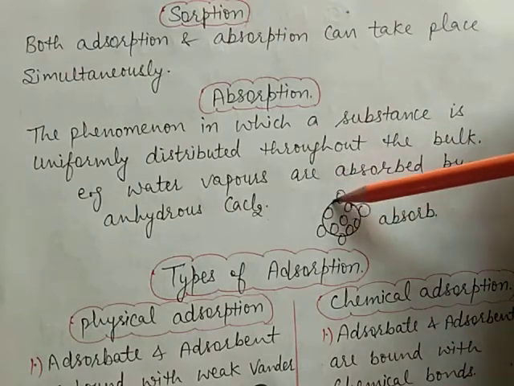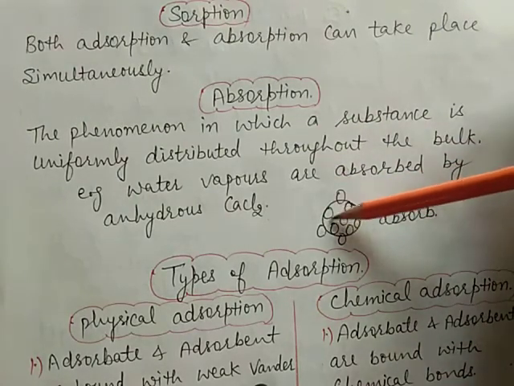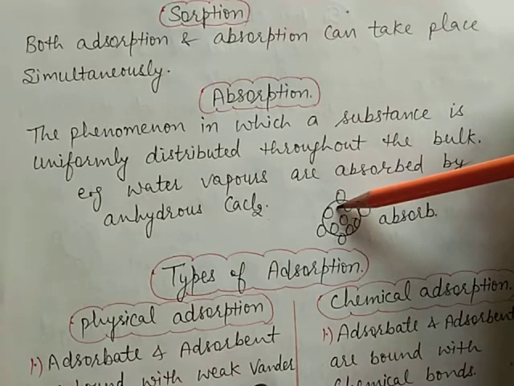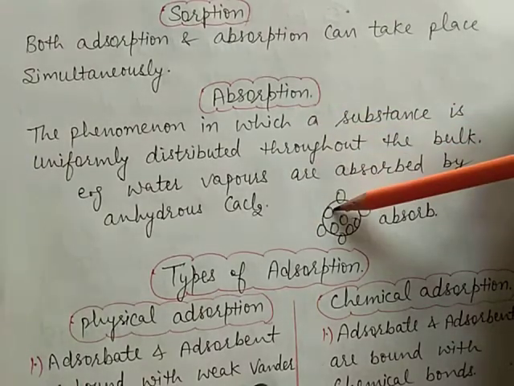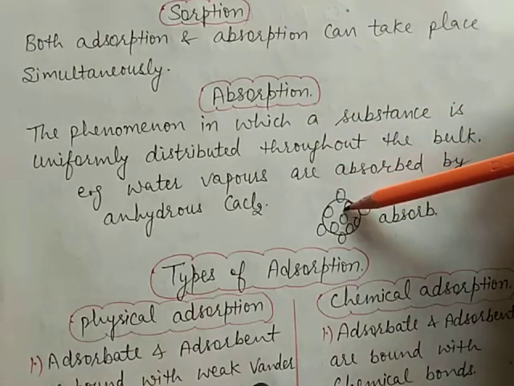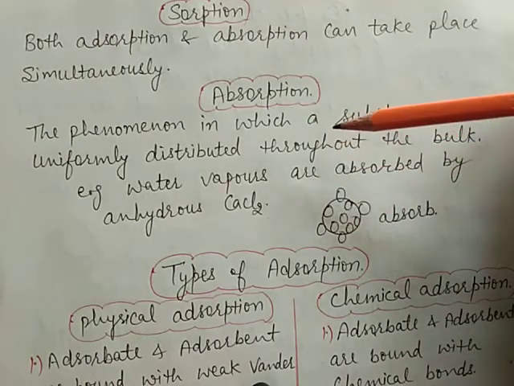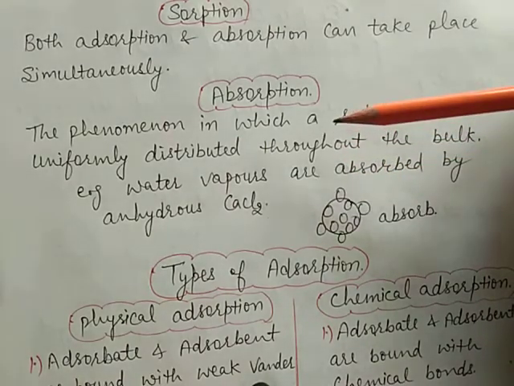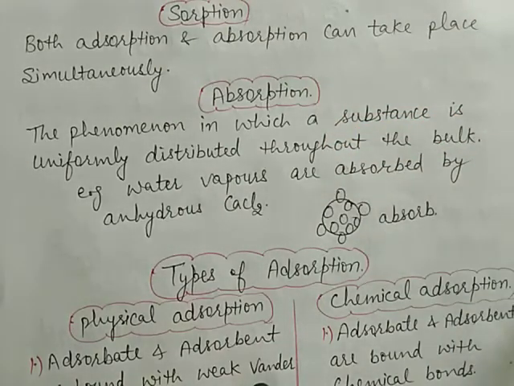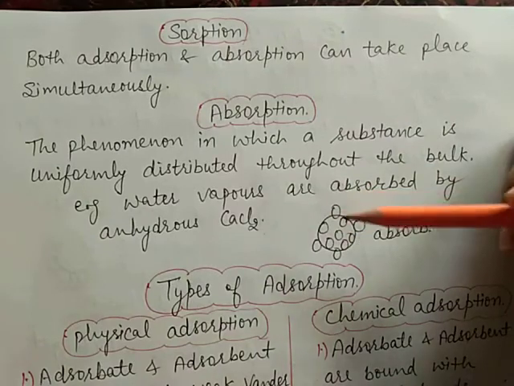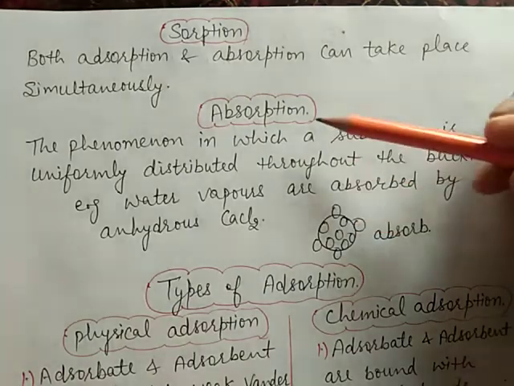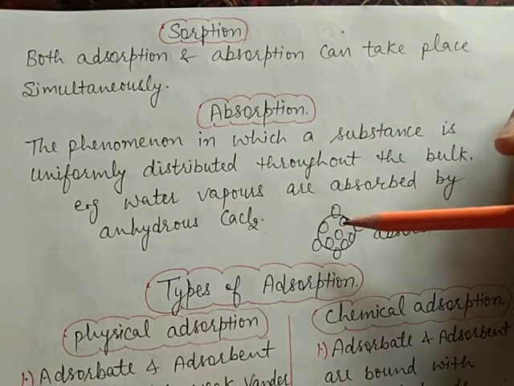Suppose this is calcium chloride and after that water is absorbed here, so water goes inside the bulk. So this phenomenon is called absorption. Here you can take the example, water goes inside the chalk. This is also an absorption process. So here the absorption process takes place.